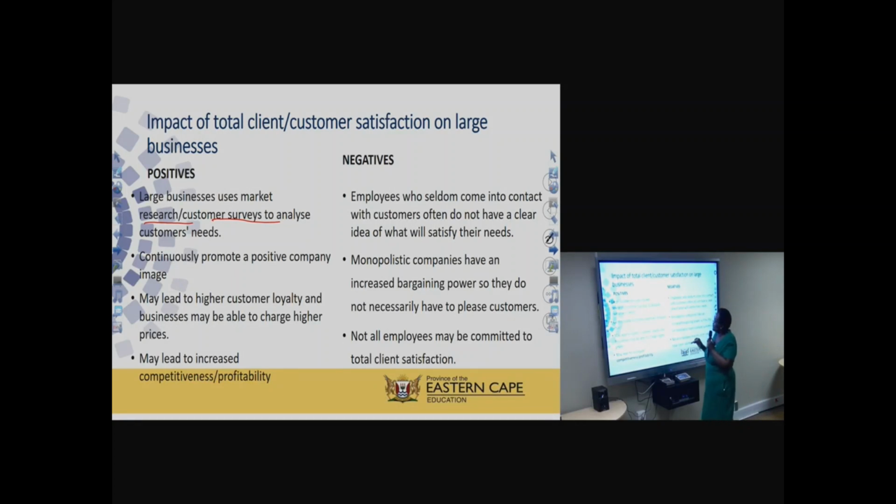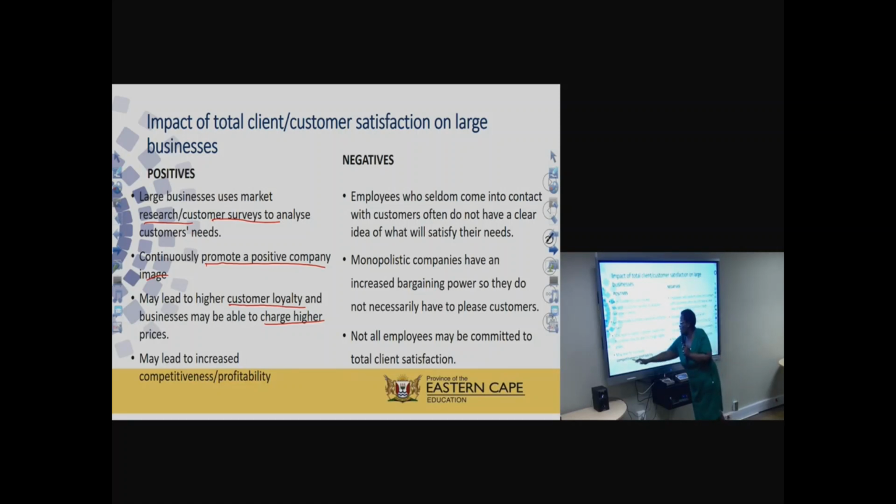That will result in the promotion of a positive image of the company, and also customers that are loyal. We even call them brand loyal, because even if the price is high, they will come in and buy the products because they are loyal customers.